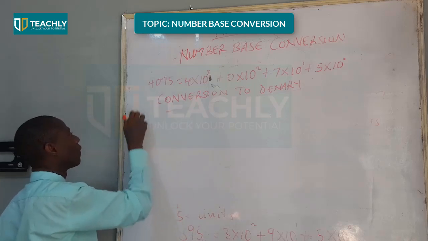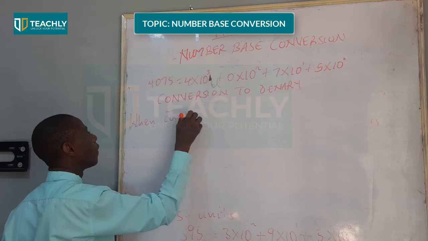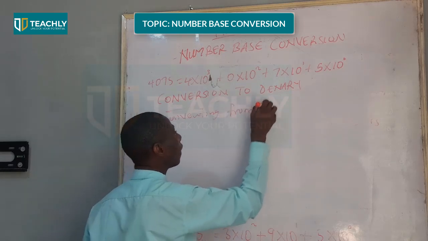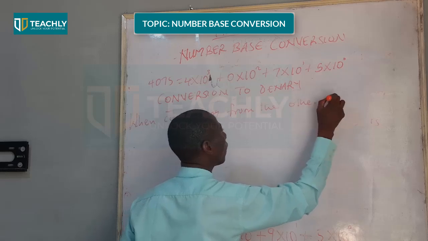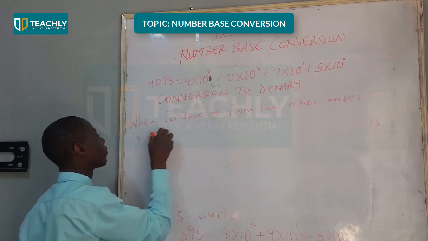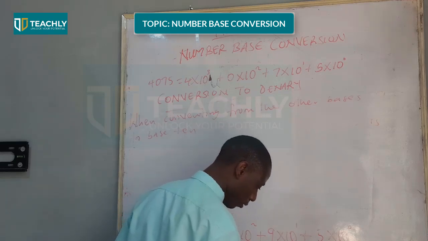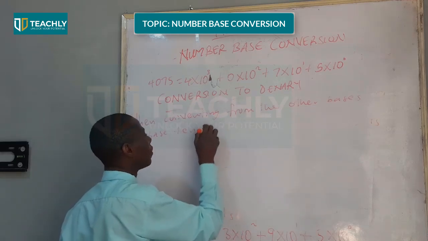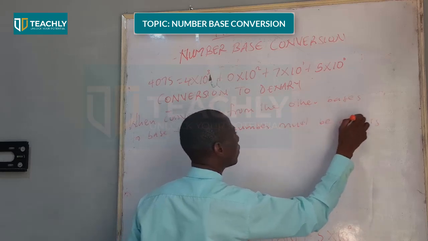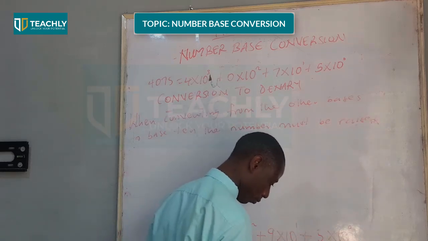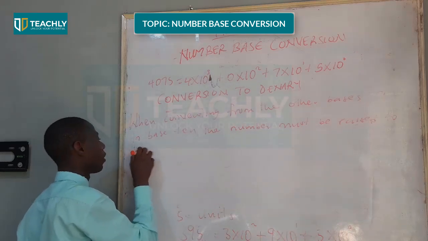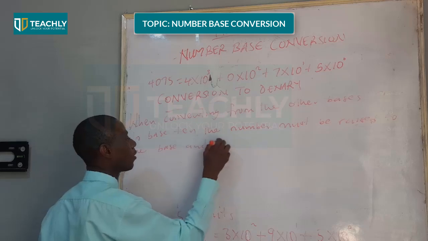When converting from the other bases to base 10, the number must be raised to the base and added.